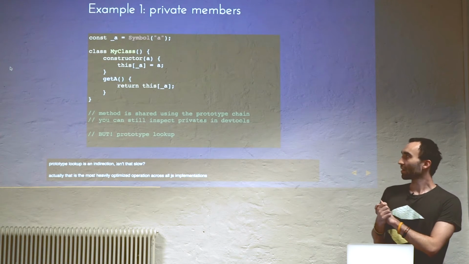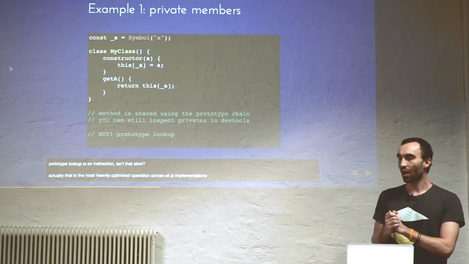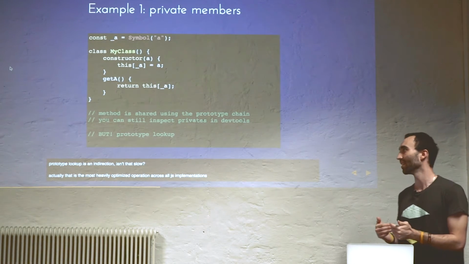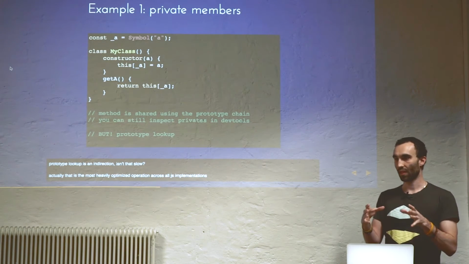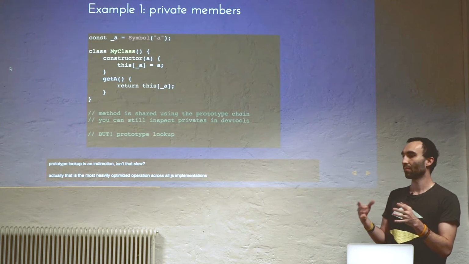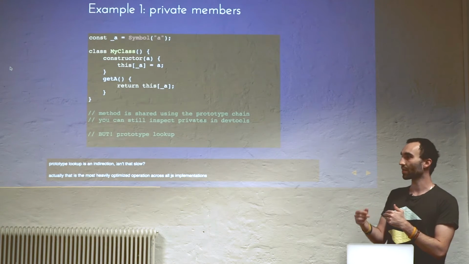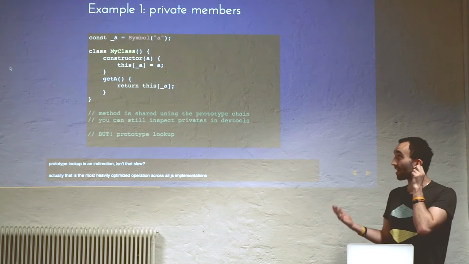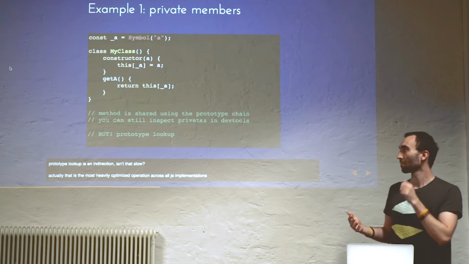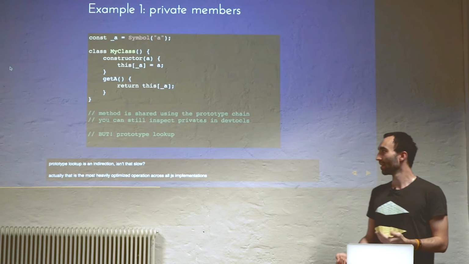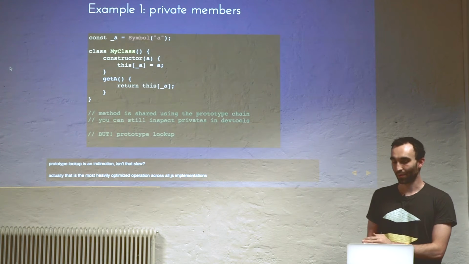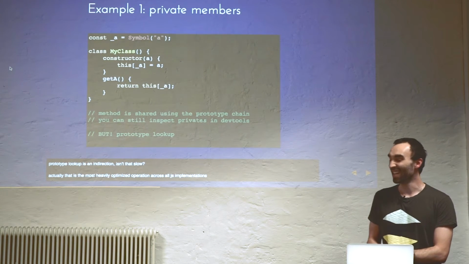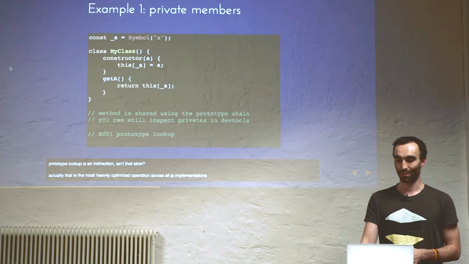When you're calling the method getA, it has to do a prototype lookup. There is no getA inside your instance itself, so it looks at the prototype of the object, myClass.prototype.getA. That's one step further away. But the prototype lookup is one of the most heavily optimized things in JavaScript implementations, so that's probably not so bad.